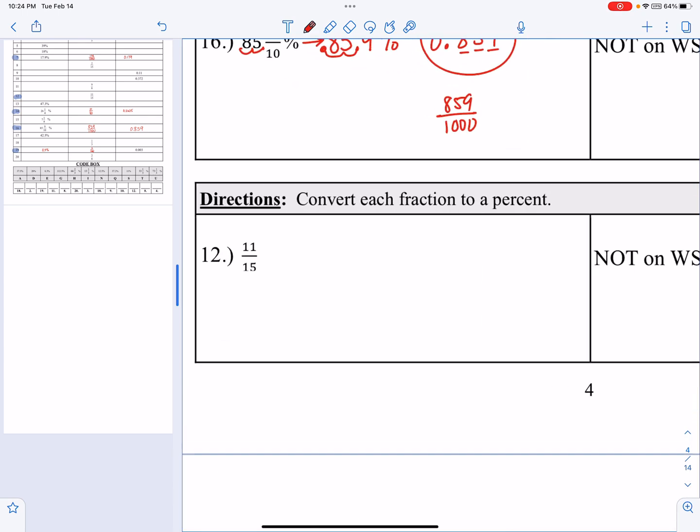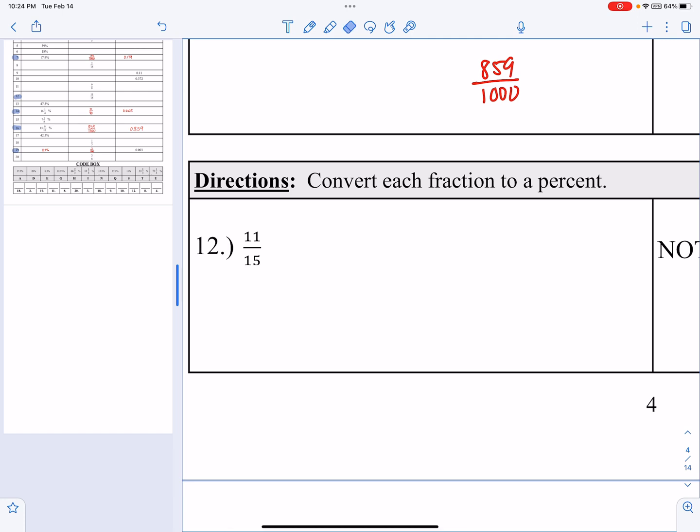All right, the last two, we're converting fractions to percents. We know to do this, one of the easiest things that you could do is try to turn this 15 into a 10 or 100. I think that gets a little bit tricky sometimes, and it tends to be a lot easier to just do 11 divided by 15 and get that decimal and move things from there.